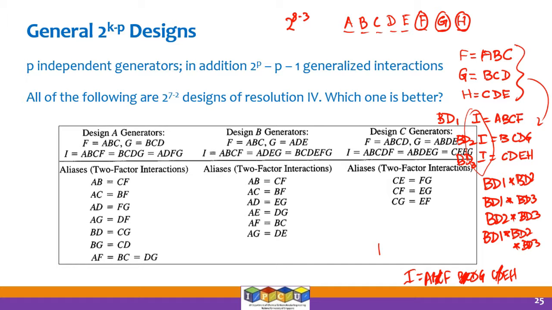So you might be left with A, F, G, C, E, H. So that will be one of the words.